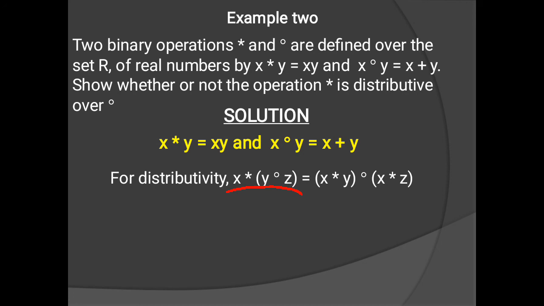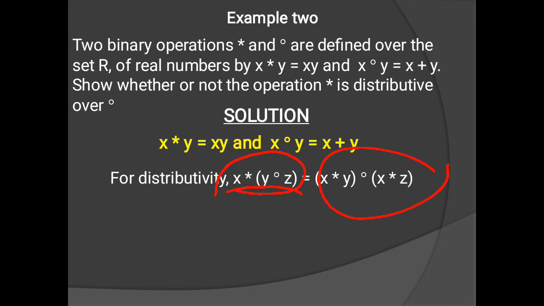You can add any other variable, but it's advisable you add the next one. So for distributivity, x star into parentheses y circle z should be equal to x star y circle x star z, that is the expansion. Solving it straight away should be equal to solving it after the expansion.